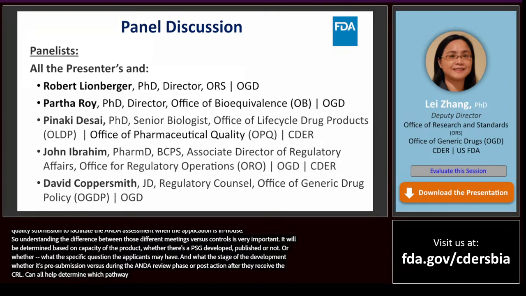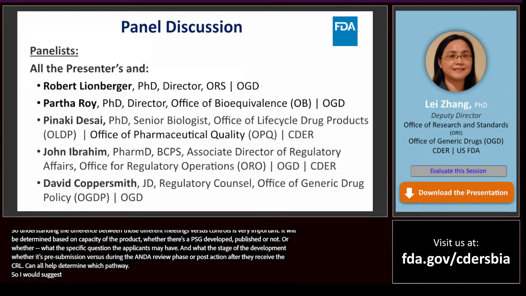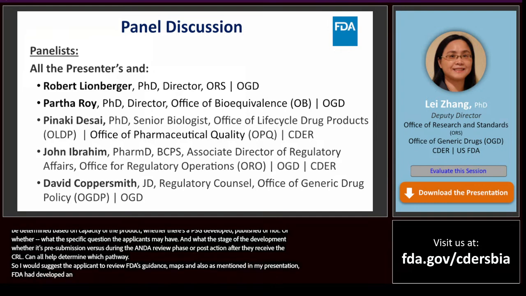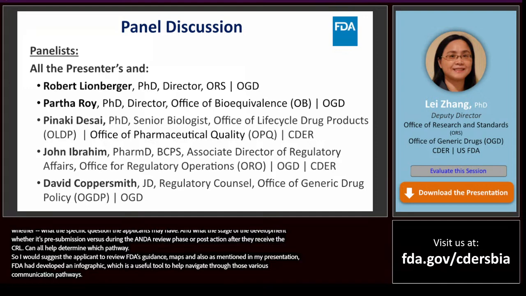So I would suggest the applicant review FDA's guidance, maps, and also, as mentioned in my presentation, FDA developed an infographic, which is a useful tool to help navigate through those various communication pathways to determine which meeting to select or whether you want to do controls in lieu of the meetings.